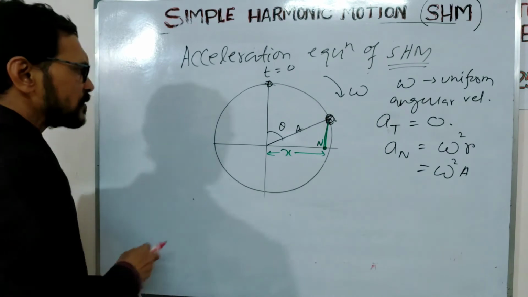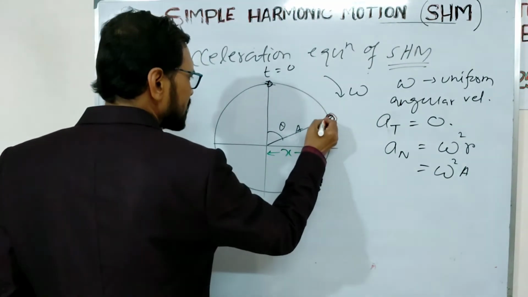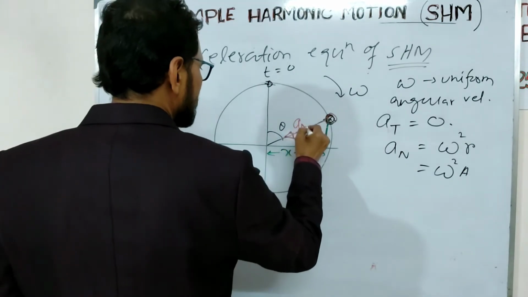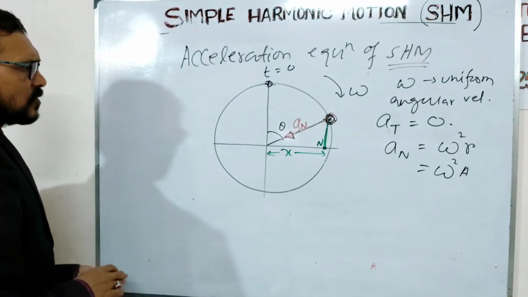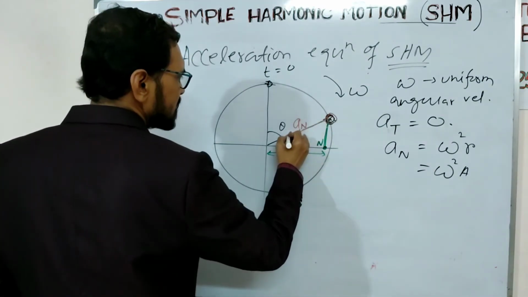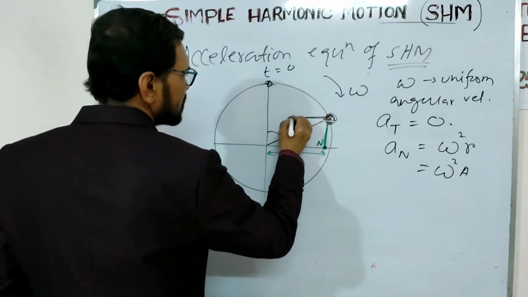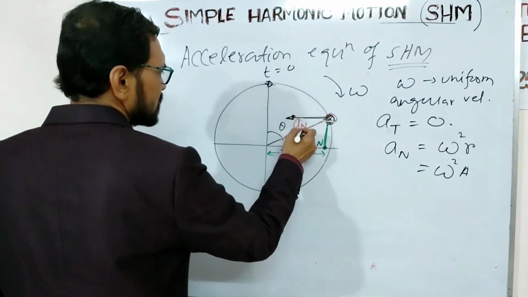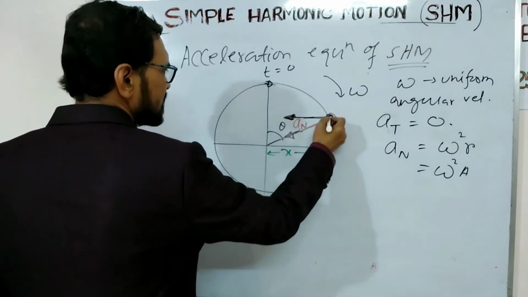Now what is the direction of normal acceleration? The direction of normal acceleration is along this. So this is the normal acceleration. Now what is the acceleration of this particle? We can resolve this value along these two directions, this and this.